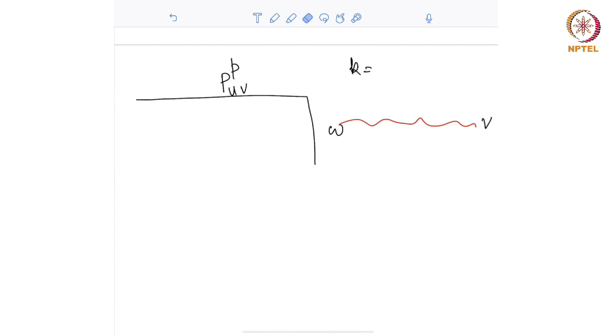This is fixed. So every path in P_{UV} starts at U and W, and I know this.